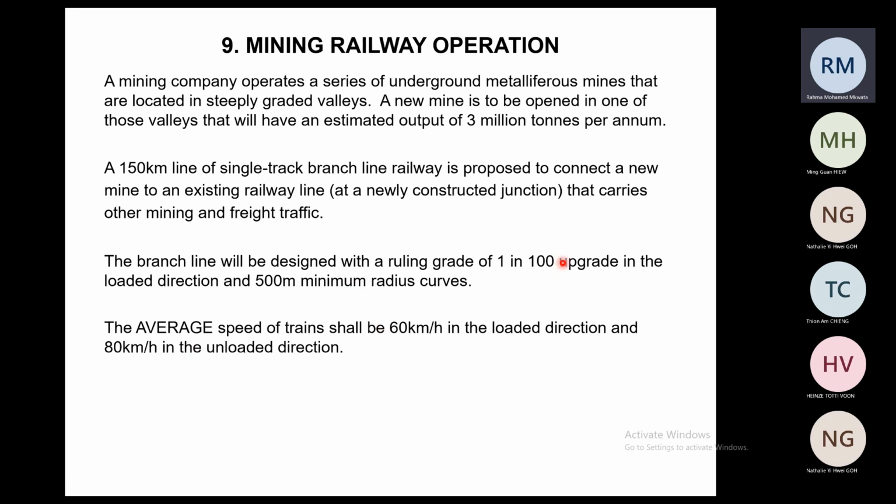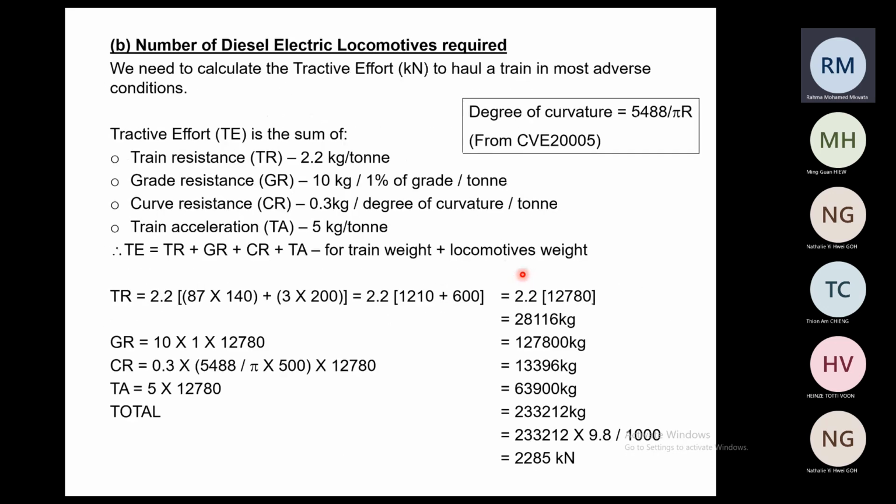The ruling grade is 1 in 100. That is 1%. When you multiply by the total weight, it is equivalent to 127,800 kg.